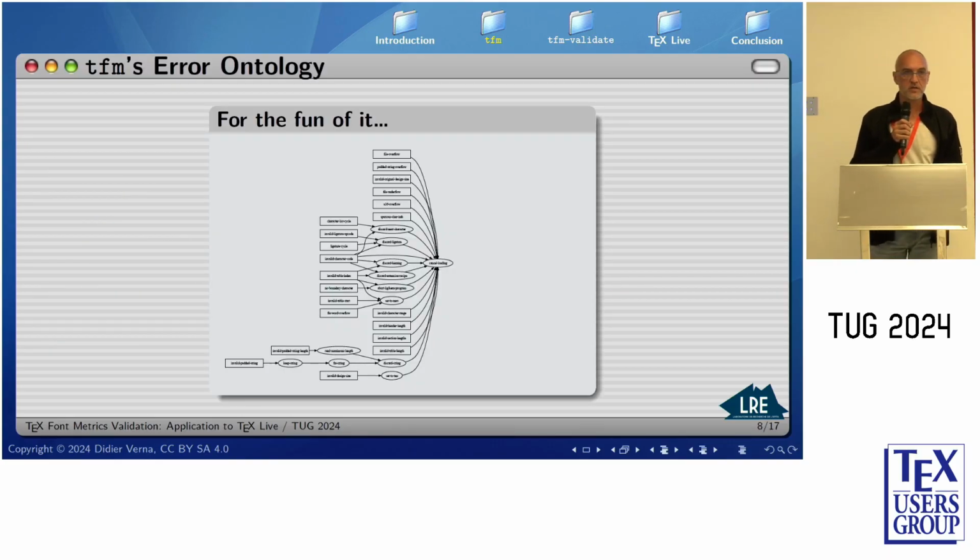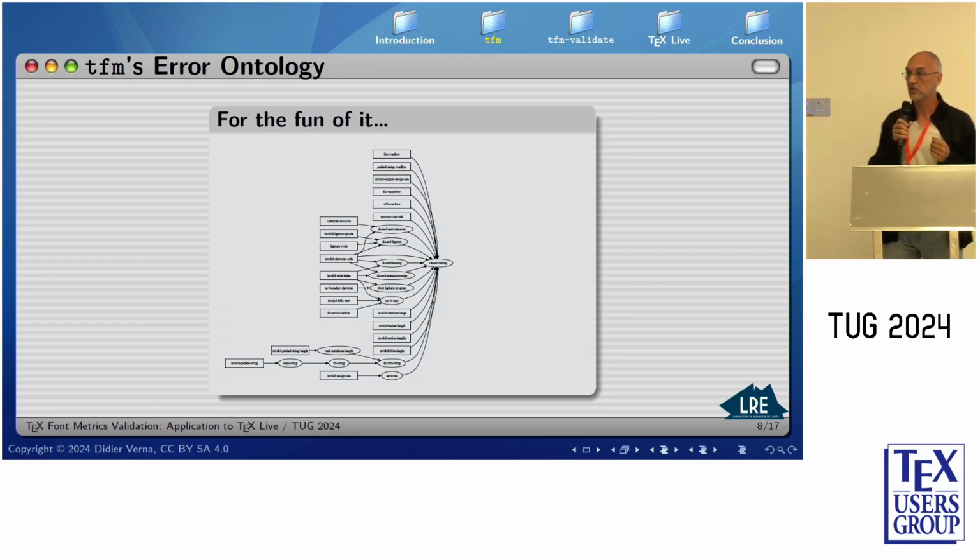Just for the fun of it, this is a complete graph of TFM's error ontology. The point of this is not to read and to understand the whole figure. The squares represent the potential non-compliance issues, so the 22 of those. The ellipses represent the recovery options that are available in the library, the ones that you could select interactively, for instance.